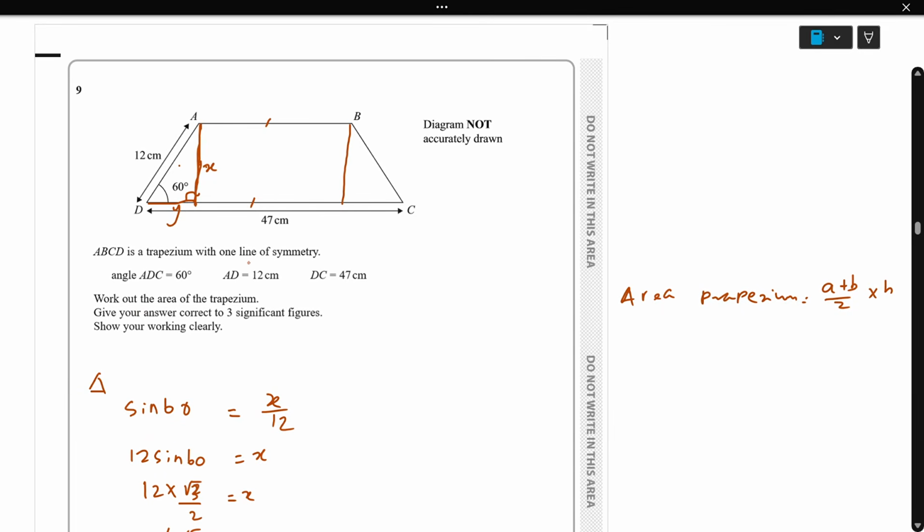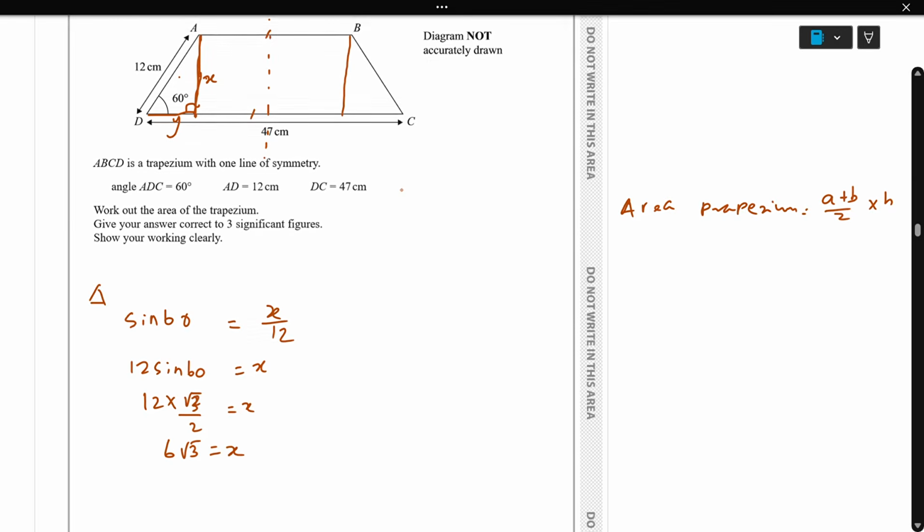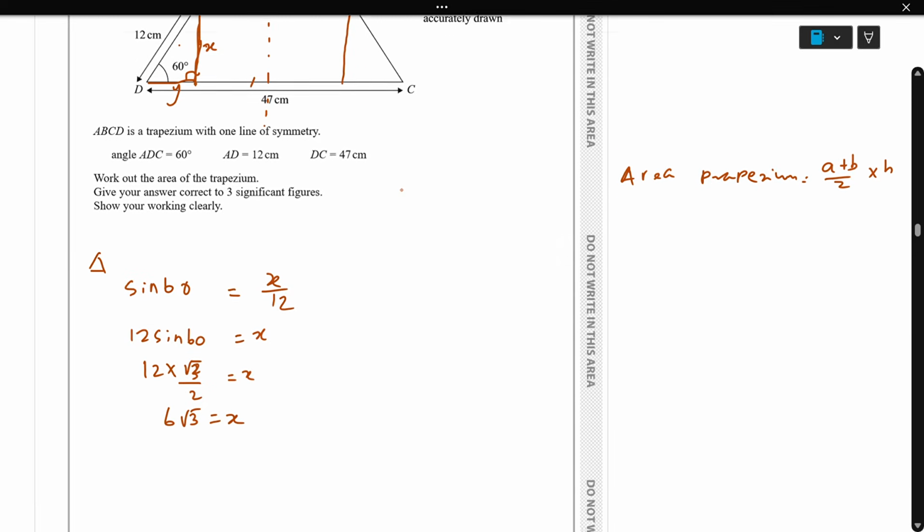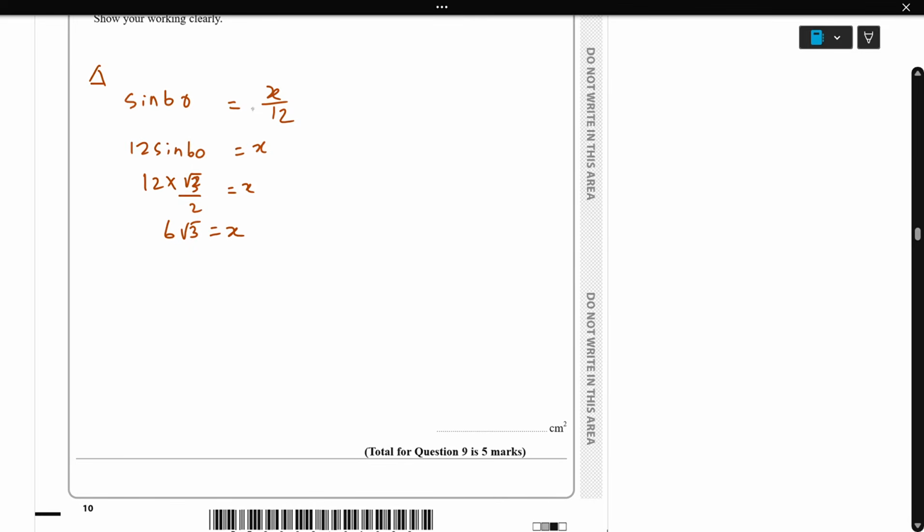Then I'm going to find y, because there are 2 equal y's. Here they said one line of symmetry. This is the symmetry line, which means both sides are exactly the same. So AD and BC have the same measurement. Now I'm going to find y using cos.